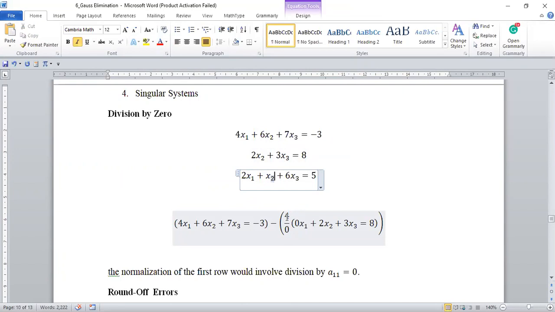In order to mitigate against this division by zero error, you are going to interchange the first and the second one. If you do that, then you can go ahead with the Gauss elimination method. So thank you for that.